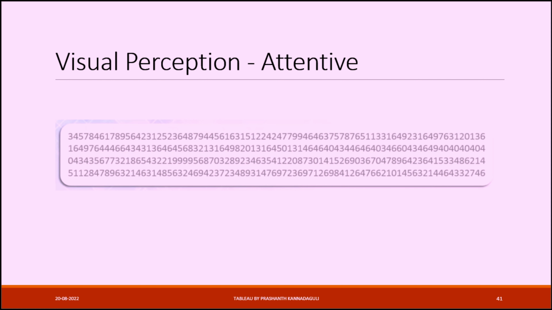This is called attentive. Now you see, I'm showing you some data, but in order to get the information from that, you have to put in a lot of effort. Attentive means that.